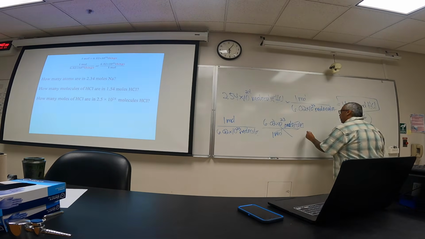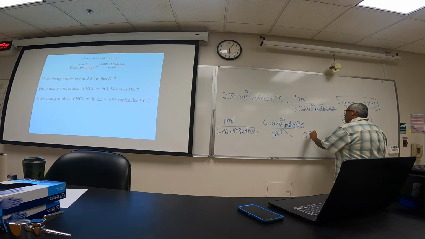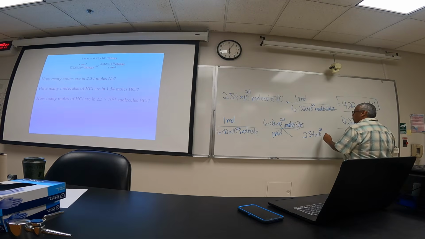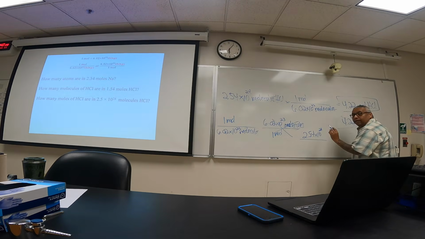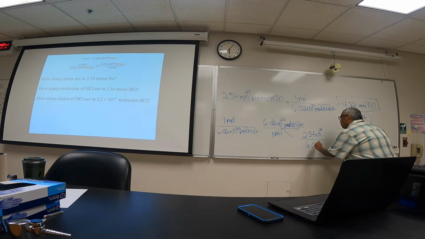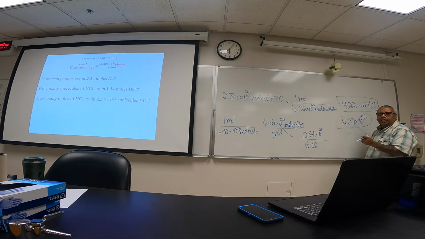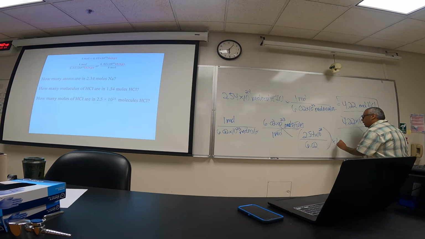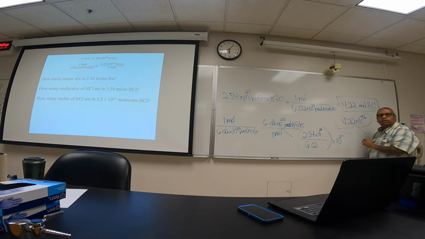Your calculator did this: 2.54 times 10 to the 24, and then it said divide by 6.02, but because it doesn't understand scientific notation, it took this answer and multiplied it by 10 to the 23.